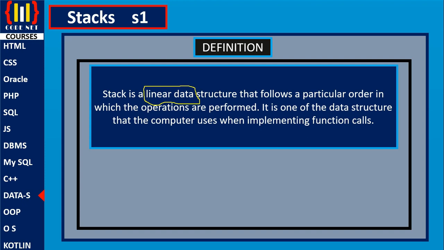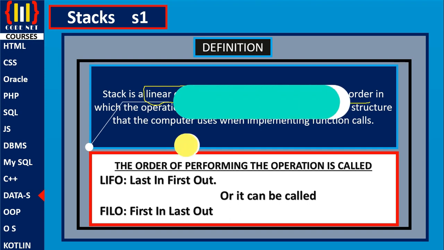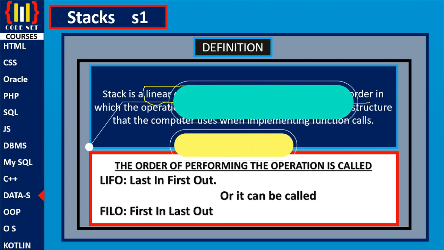Another keyword that we need to pay much attention to is the one which denotes that a stack follows a particular order as it performs its operations. If it follows a particular order, then what is that order? This is what we want to understand now. The order of performing the operations by a stack is called LIFO, which is last in, first out.